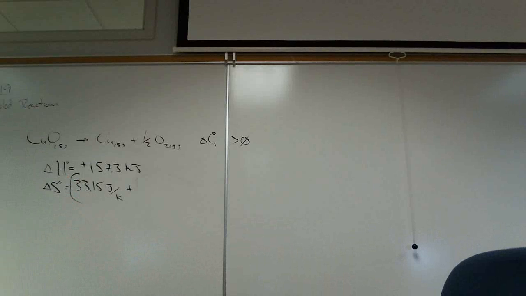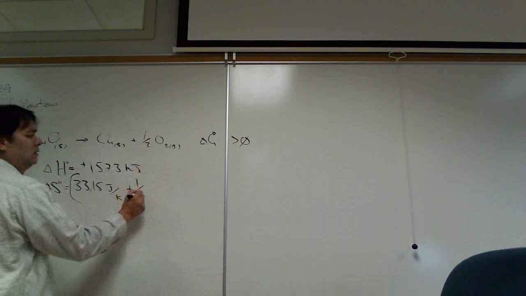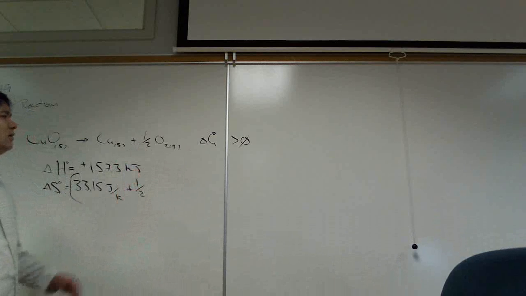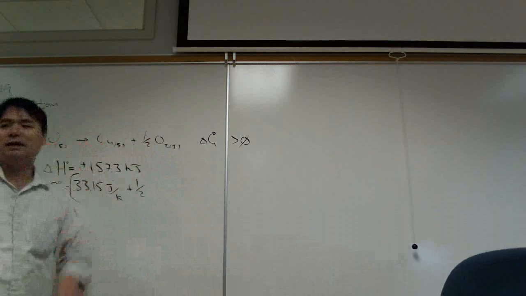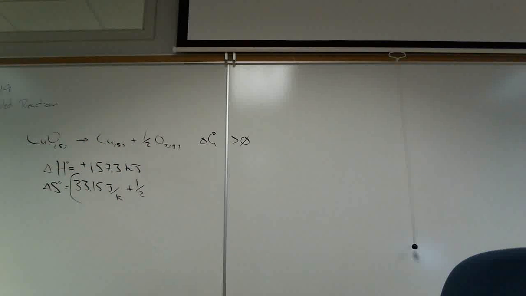What is the entropy of O2? Is it 0? No, it's not. It's about 200. But we only have half a mole. A mole of gas at 298 K and 1 atmosphere occupies what volume?